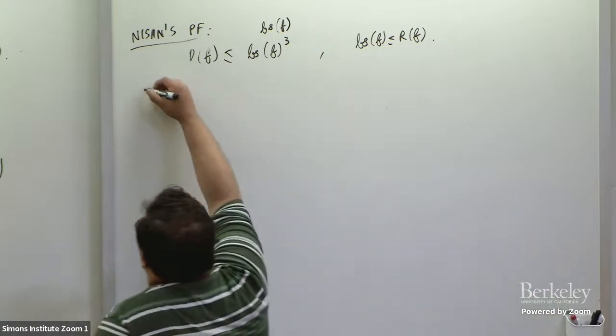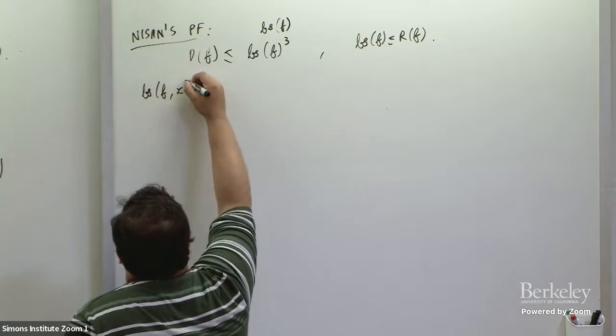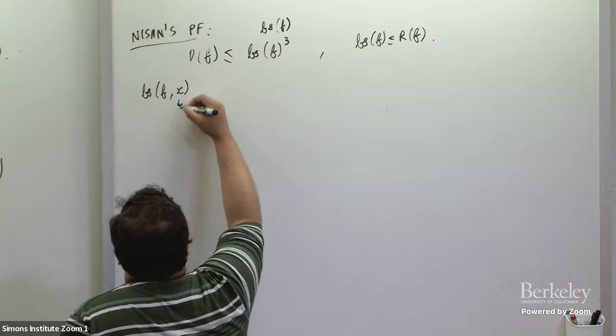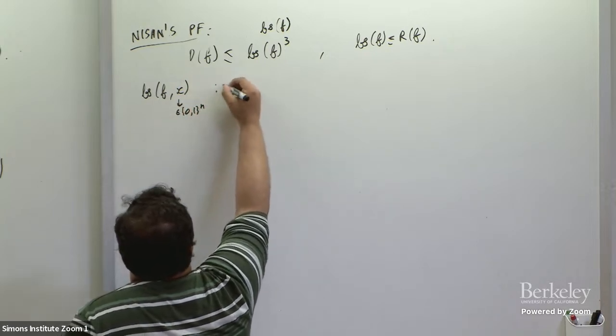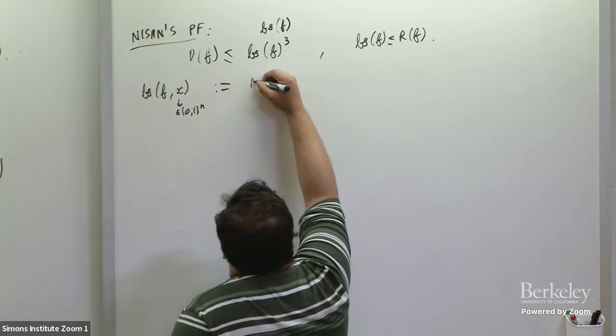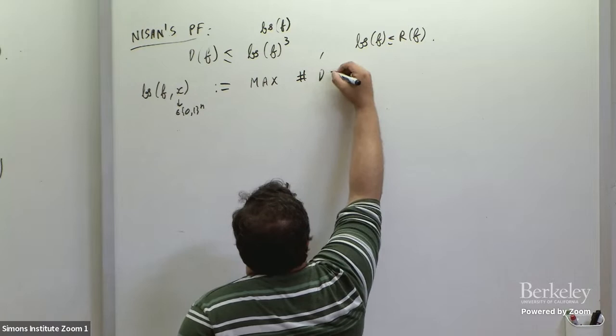So I'm going to define block sensitivity of a function f at an input x, where x is in 0,1 to the n.